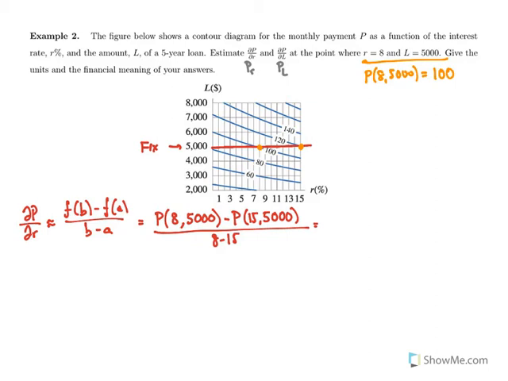So here we have that our values are going to be 100, which you found before, minus 120, over 8 minus 15, which should be negative 20 over negative 7, or 20/7ths. We'll talk about what that means after we find dP/dL.